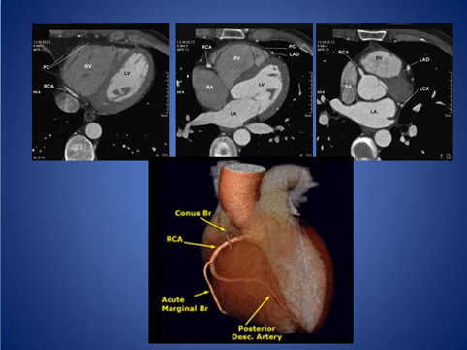The PDA supplies the inferior wall of the left ventricle and the inferior part of the septum. As we see here, this is the acute marginal branch, and this is the PDA.